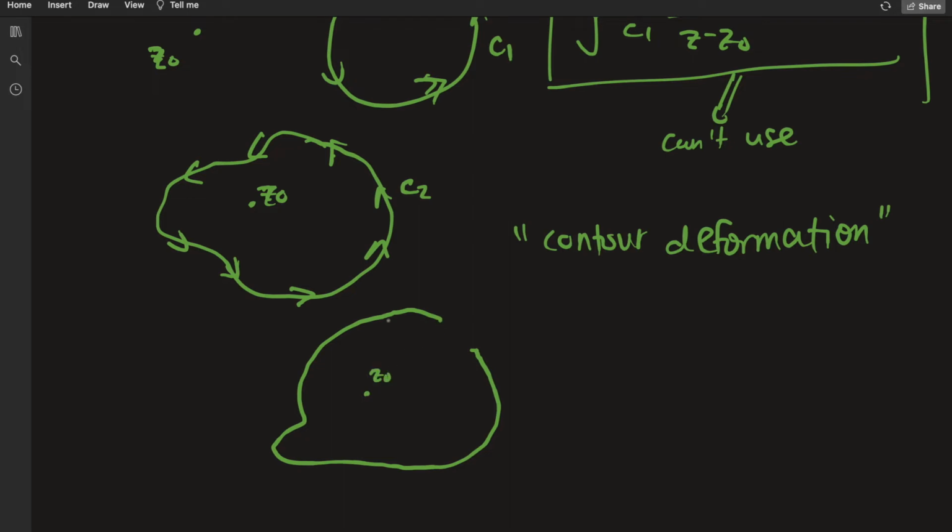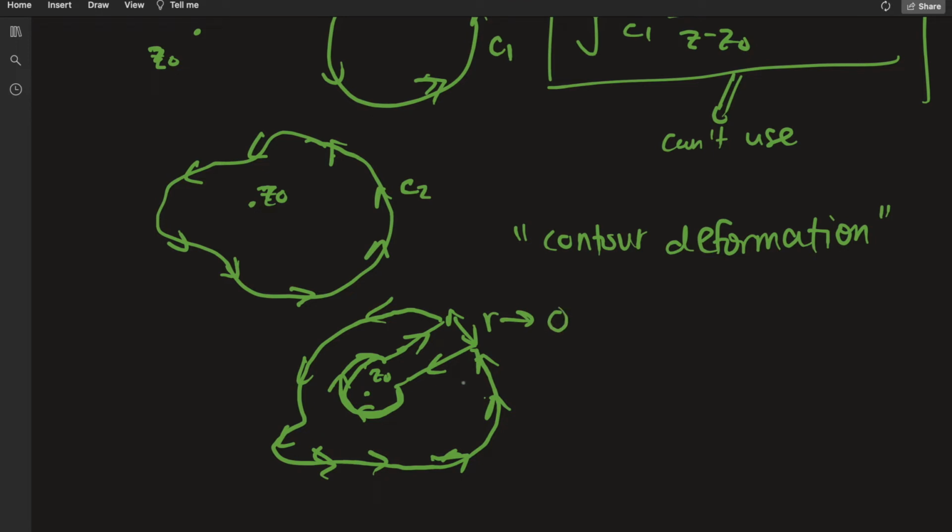What you're going to do is keep the external path as it is, then go into the contour and loop over z naught, sort of excluding z naught. And I'm just going to denote the direction here. And this gap between these two paths, call that r.